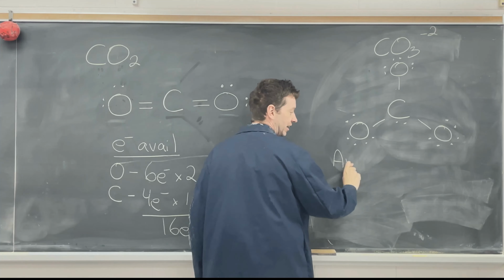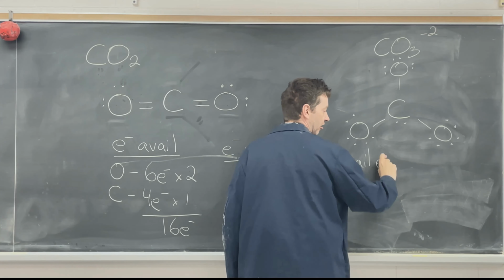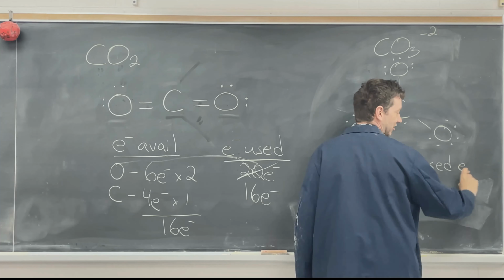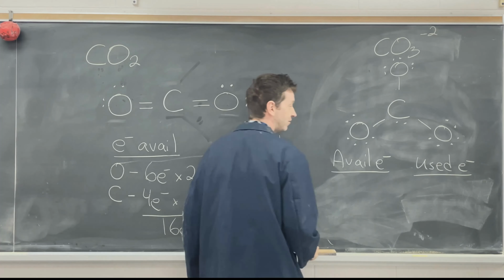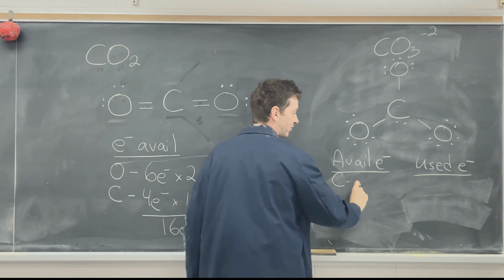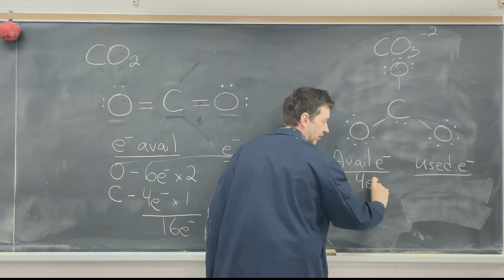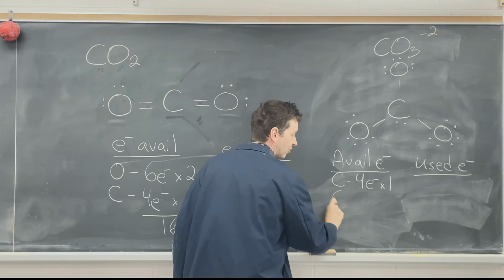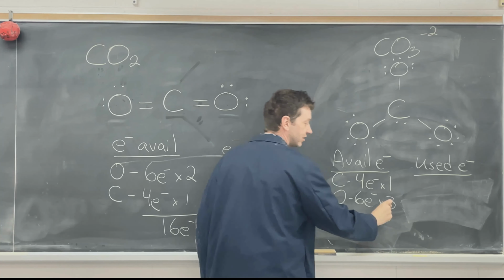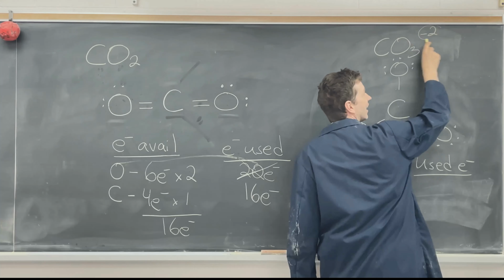Okay, let's look at how many available electrons we have versus how many electrons we've used. So available, well, we have a carbon. That gives us 4 valence electrons, and we have just 1 of them. We have 3 oxygens, each giving us 6 valence electrons. And then we have this -2 charge.